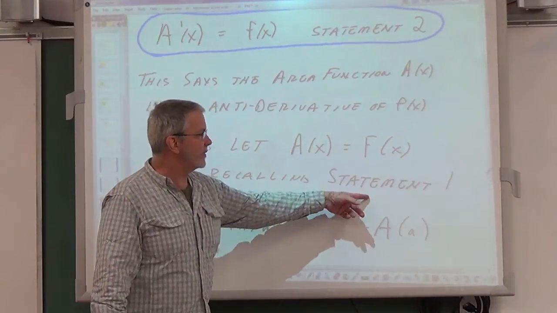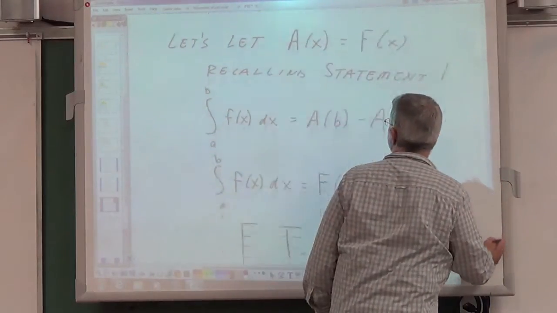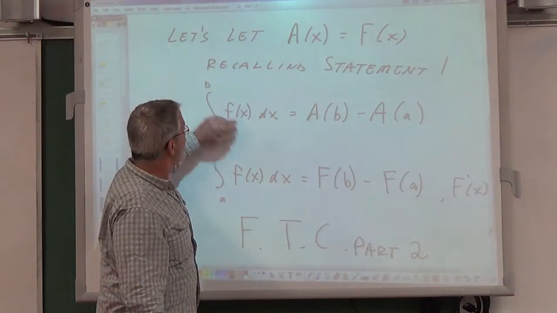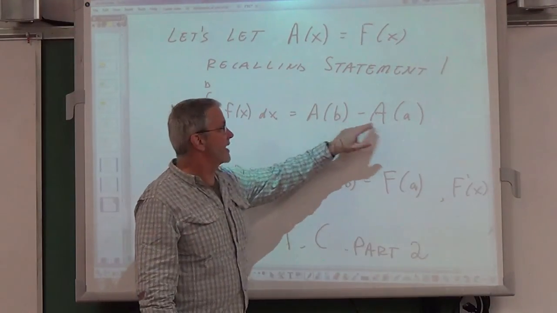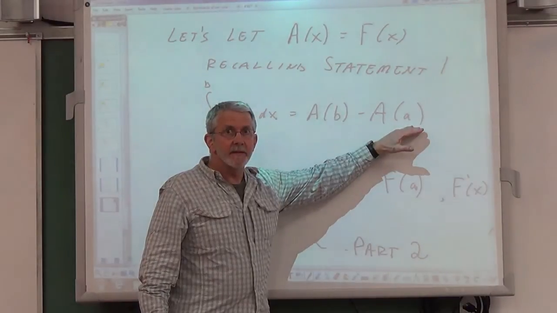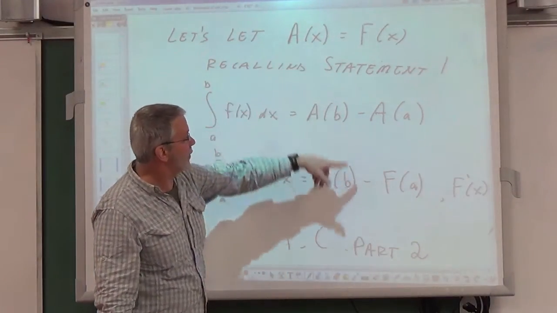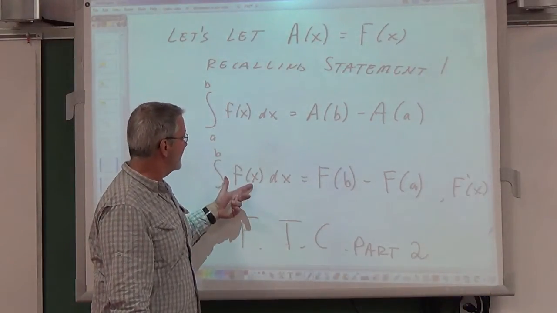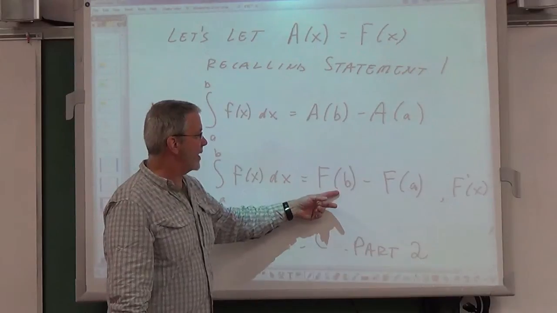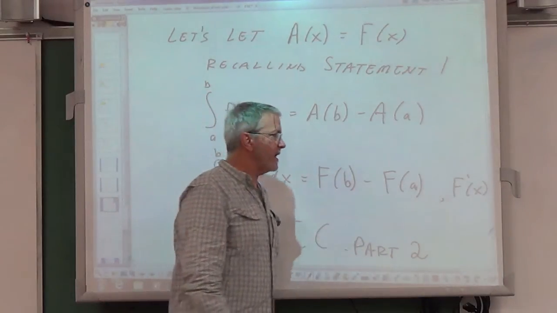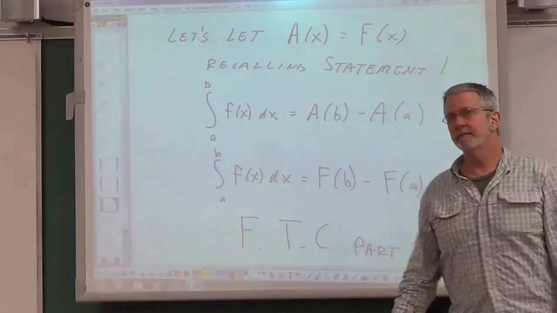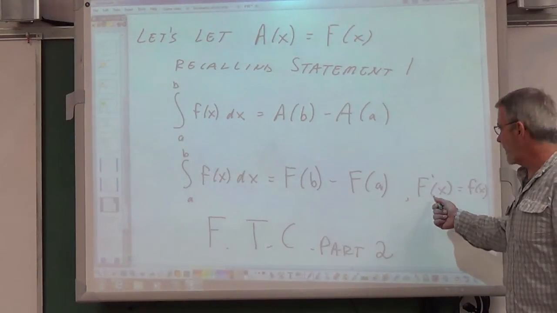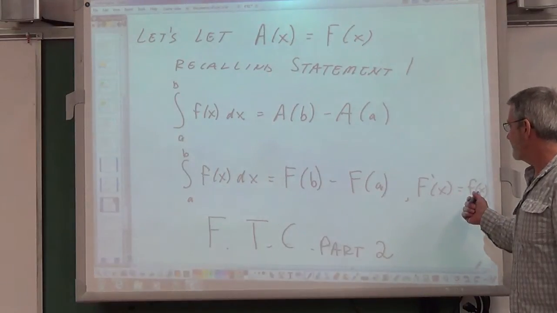And recalling statement 1, which was the definite integral from a to b of little f of x dx is equal to a of b minus a of a, letting capital A of x be capital F of x, the definite integral from a to b of f of x dx is equal to capital F of b minus capital F of a, such that capital F is an antiderivative, i.e. the derivative of capital F is little f of x.